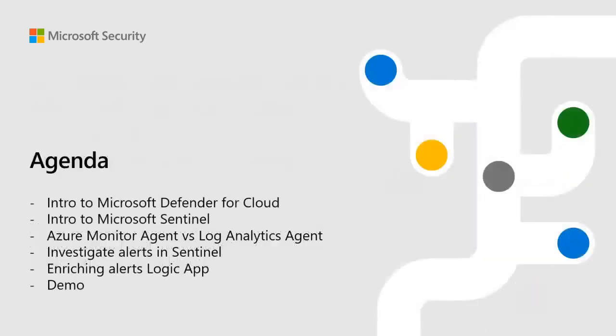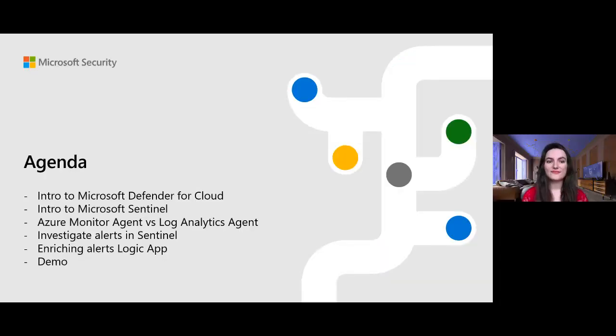So the agenda for today is we're going to have a very quick intro into Defender for Cloud and then Sentinel, and then we're going to start talking about the new AMA agent that we have versus the Log Analytics agent. Specifically, we're going to talk about that because the AMA agent has actually gone into public preview for Defender for Cloud.